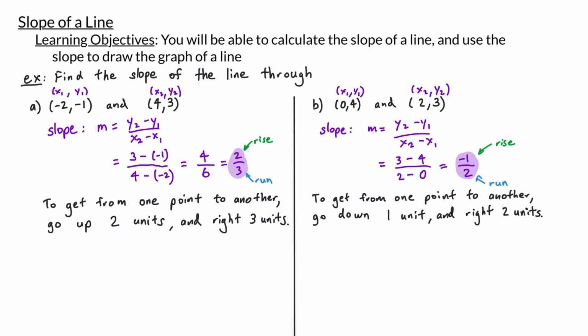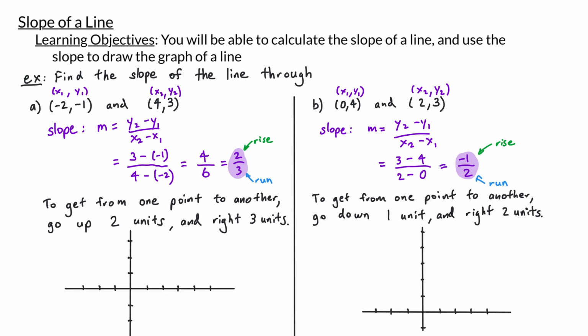Now, before we move on to our next examples, let's look at the graphs of these two lines. In our first example, our line goes through (-2, -1) and (4, 3), so our line looks like this. For our second line, we go through (0, 4) and (2, 3). Connecting these 2 points, we get the following line.